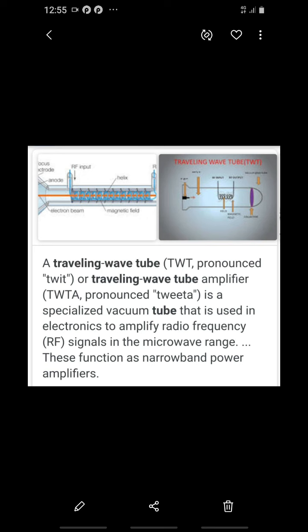When the applied RF signal propagates around the turns of the helix, it produces an electric field at the center of the helix. The electron beam and RF field both are traveling in the same direction with nearly the velocity of light.